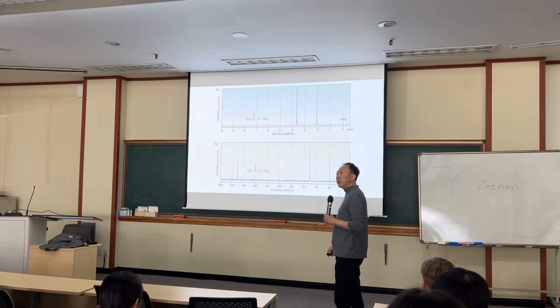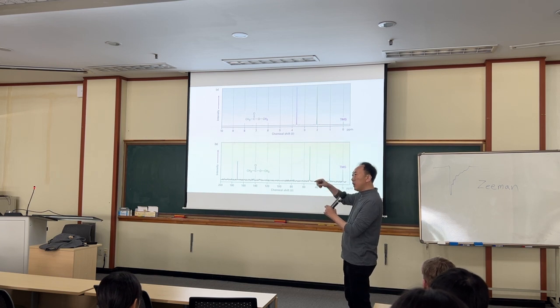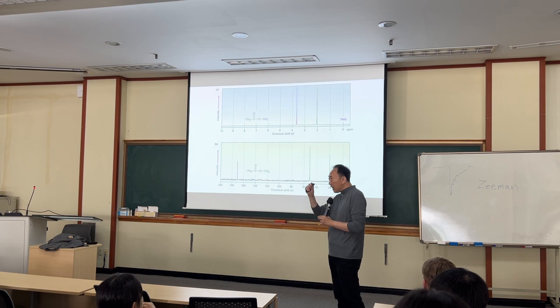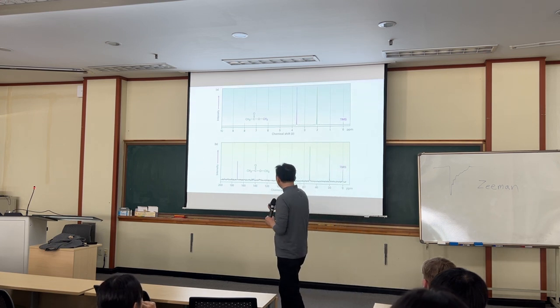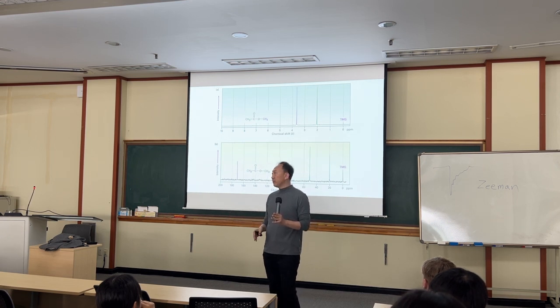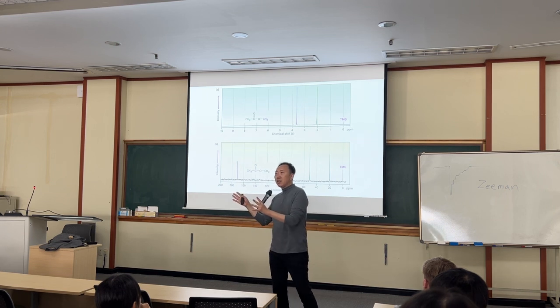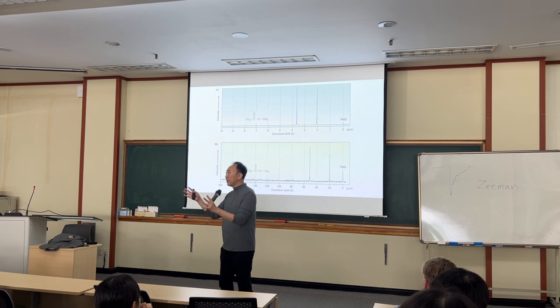By giving irradiation, radio wave, they jump up to this, and the energy value is here. And this energy gap is very small. Among them, we need to distinguish 1 out of a million. That's very, very small. That's why the energy status is shifting a lot depending on the magnetic field status.